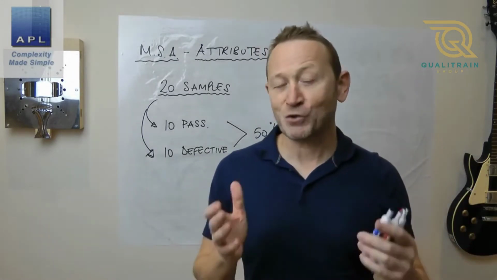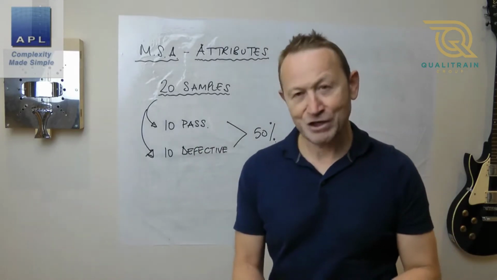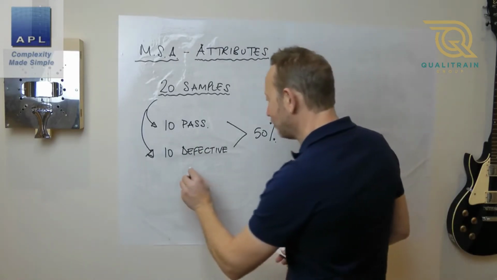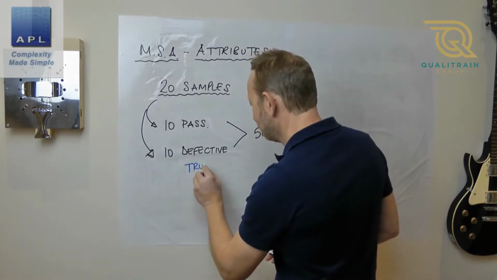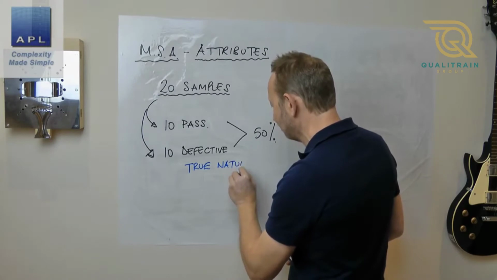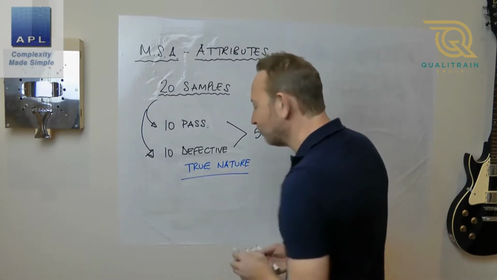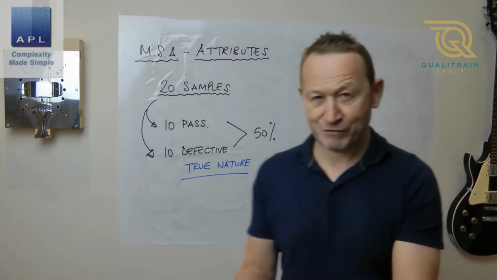Now, of course, what this also means is that someone has to decide the true nature. So some expert has decided the true nature of these samples. Now that's not something that we do in variable MSA.